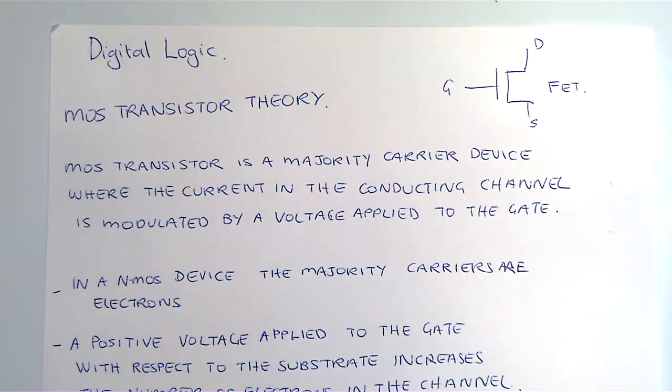Because you can do a lot of logic design using NMOS, but the problem with NMOS is generally that it's very power hungry. And that's why, if you're trying to build high performance, low power circuits which operate on a battery, you always use CMOS rather than an NMOS device.